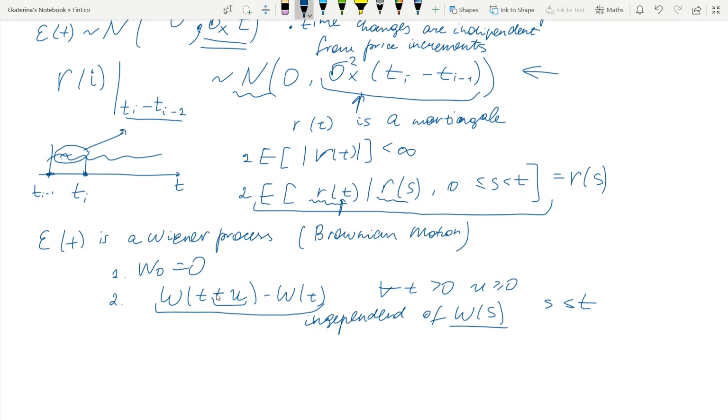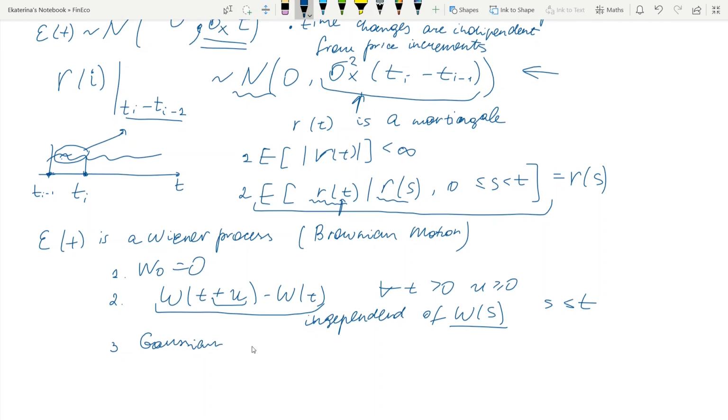Very roughly, that means you have this kind of random noise. The evolution of the Wiener process happens independently of the history, so you have an IID property.